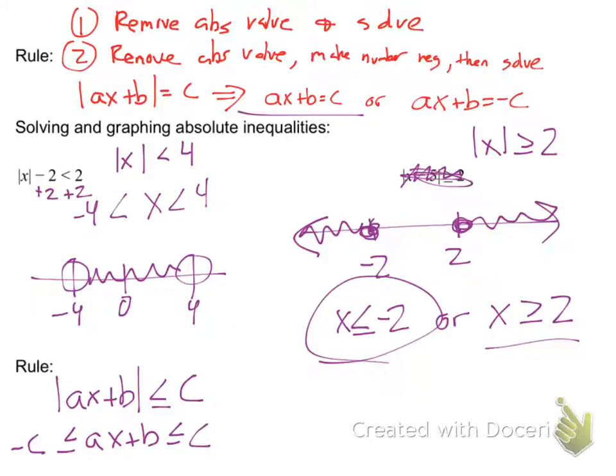So let's come up with a rule. The rule states that if I have that absolute value inequality this time, ax plus b, and we find out that it's greater than or equal to c, now it looks like the top, but a little bit more generalized. You have to split it.